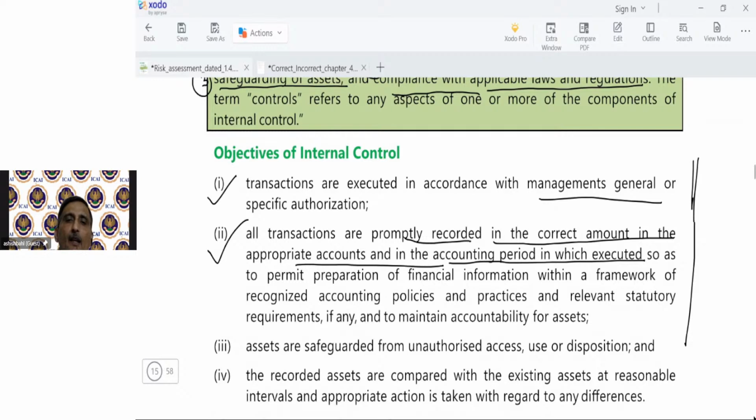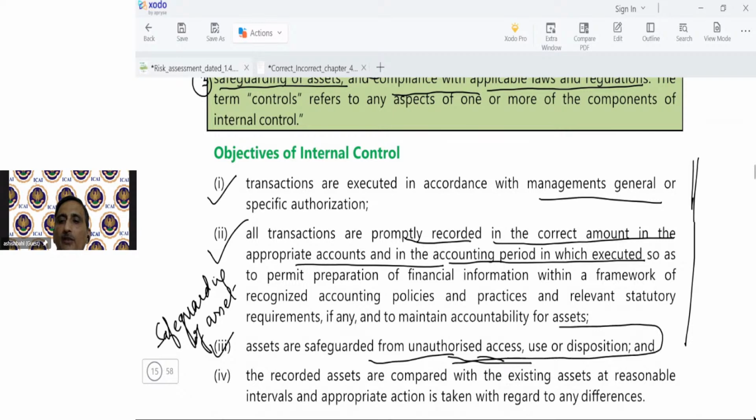Okay. Assets are safeguarded. So this point is again safeguarding of assets. Assets are safeguarded from unauthorized access, use, or disposition. What does it mean? It means that nobody is able to access the data unauthorizedly. Proper controls exist, or the assets are not disposed of, not sold off without proper permission.